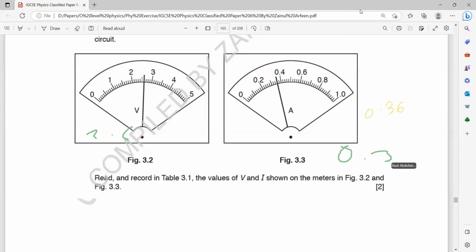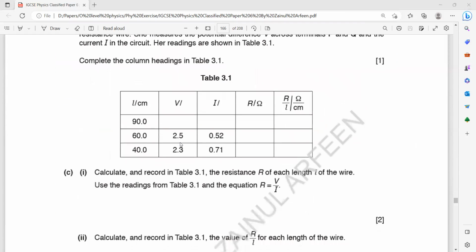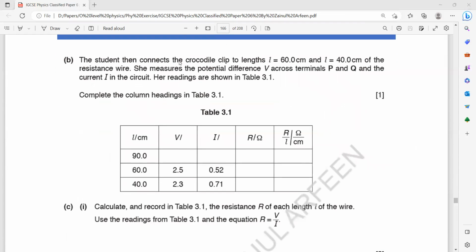So 0.36 and 2.6. What you have to do is complete the table. Record this value and complete the column heading. So this should be voltage, ammeter, and this was 2.6 and 0.36.